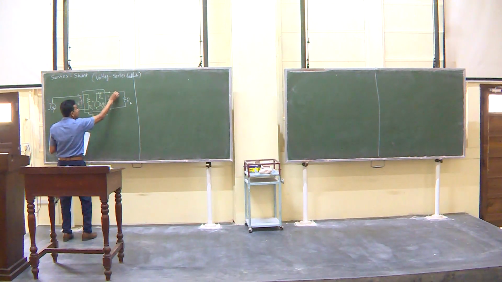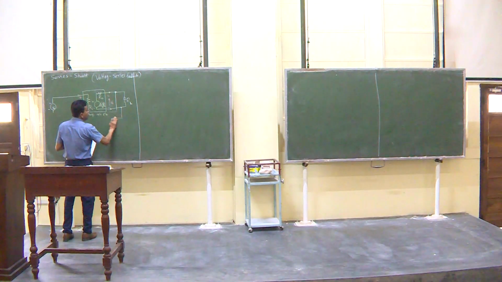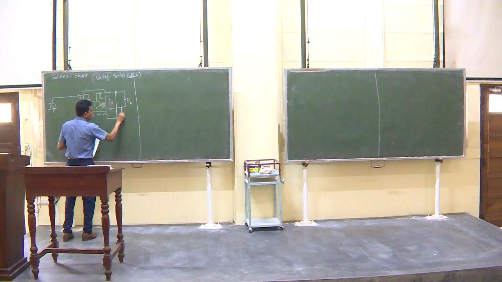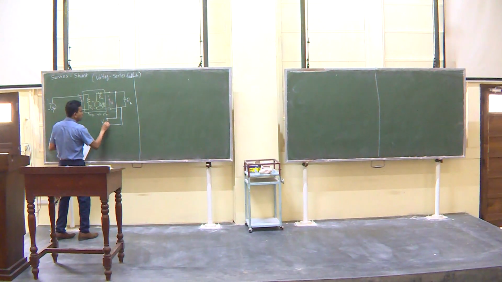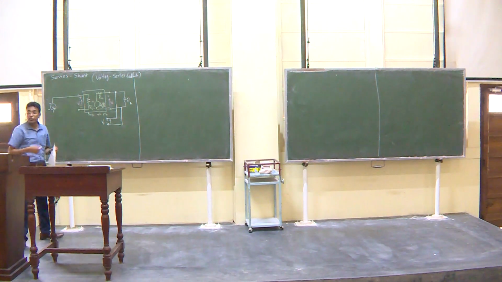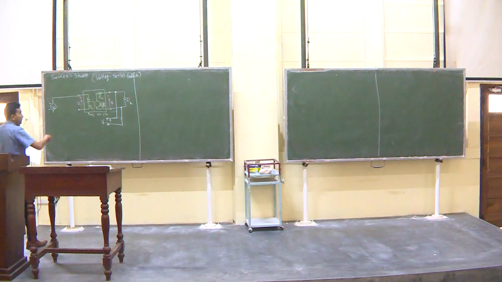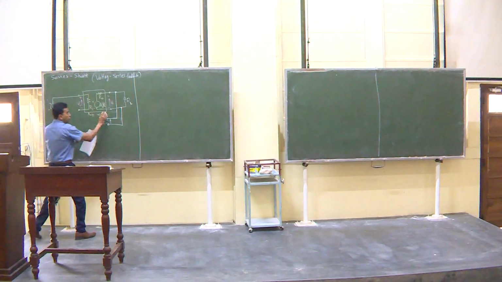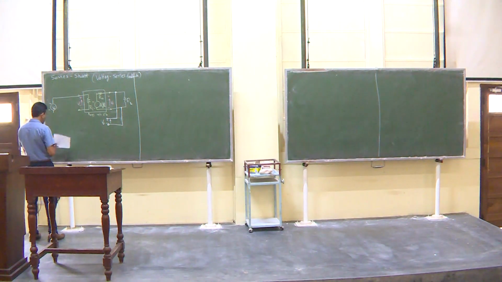So, this would be V out. This is what I gave to the feedback network. I am not going to draw that feedback network. I do not need that part. I can totally omit these two wires, not connected to anything actually.